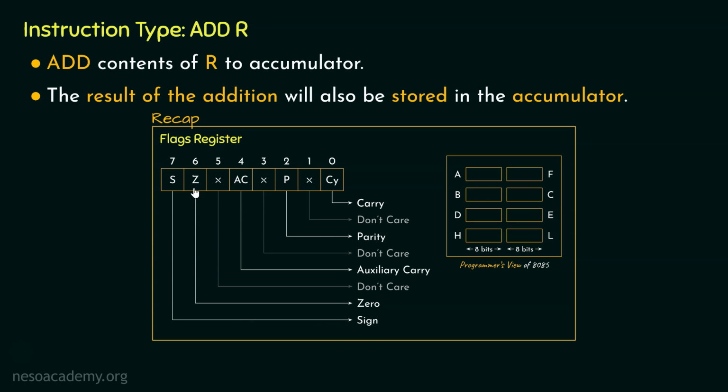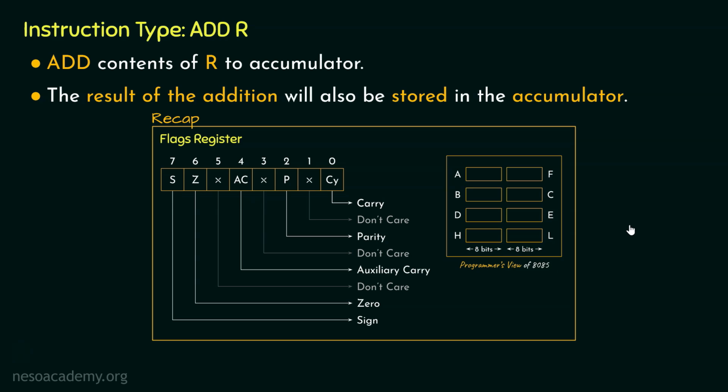This bit will specify whether the content within the accumulator register after the operation has been performed is all zeros or not. And finally, the bit position number 7 is S or sign. We already know in 2's complement representation, the sign is derived from the most significant bit position. Following that, this bit, that is the bit position number 7, is specified for sign.